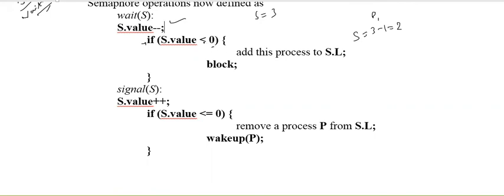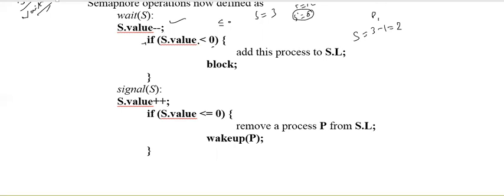Why less than 0? Why not less than or equal to 0? Because at the start I am going to decrement. So if suppose value of s is 1, I'll provide that process, and because of that decrement it will become 0. If I had less than or equal to 0, instead of giving that one resource to the particular process, it would move into the list. Hence I have less than 0.